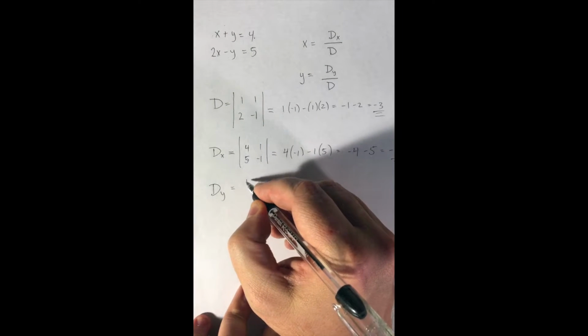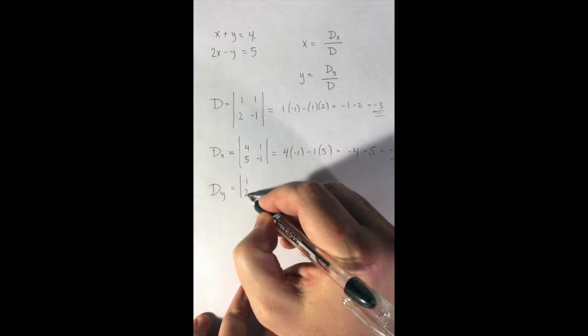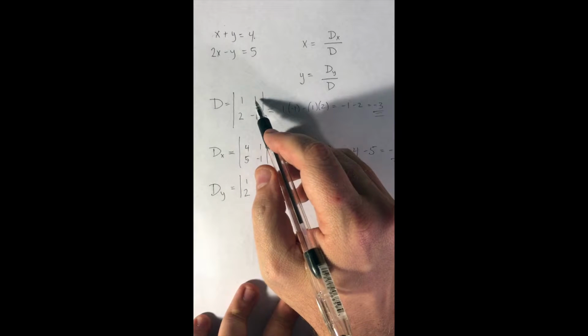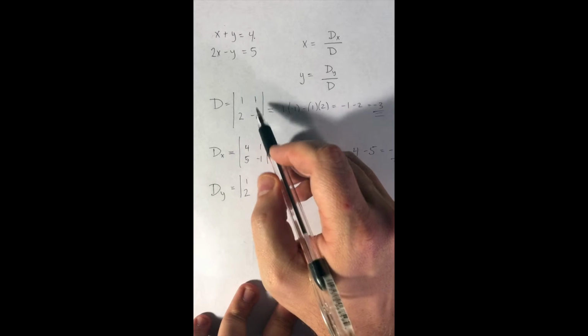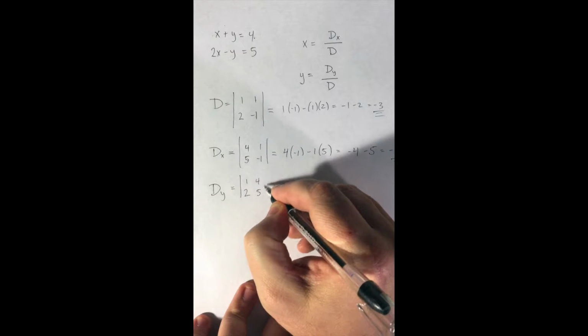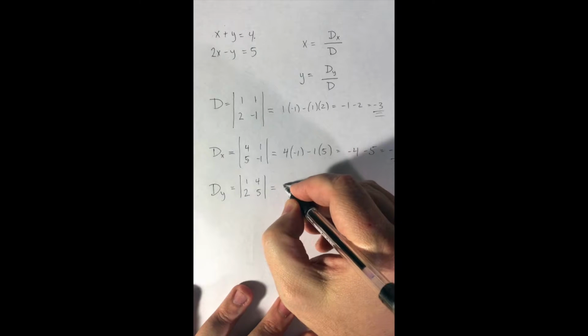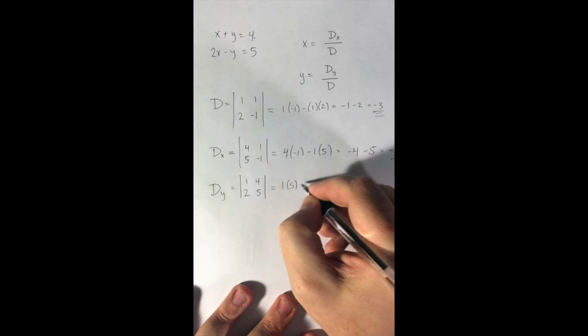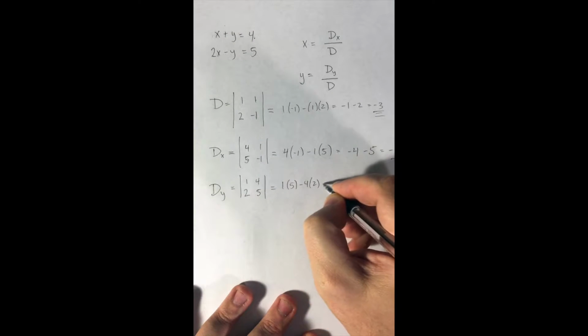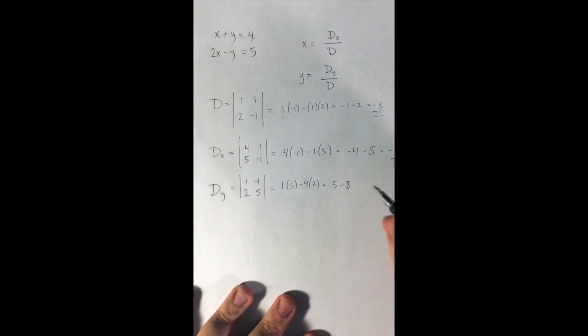The x column stays the same as it was originally in D, so you have 1, 2 here on the left, but now we replace the y column with the 4 and the 5. So it's a 4 here and a 5 there. Now we find the determinant of this new 2x2 matrix. Again, not hard: 1 times 5 minus 4 times 2. You get 5 minus 8, and so you get negative 3.